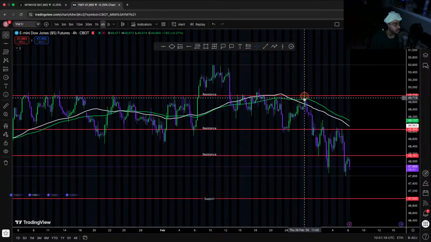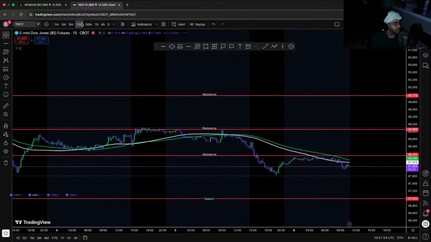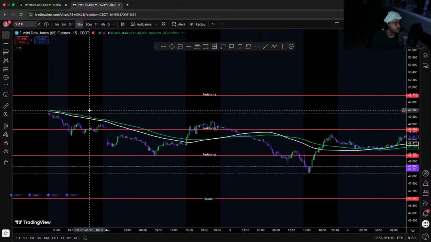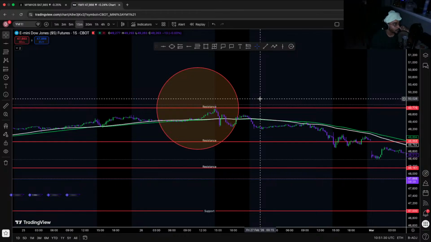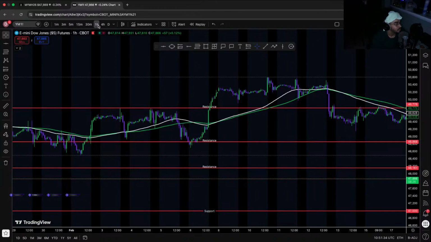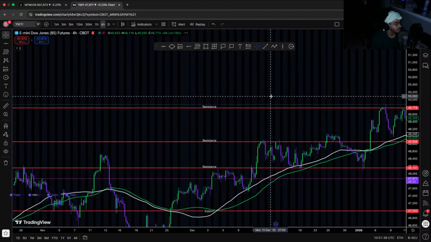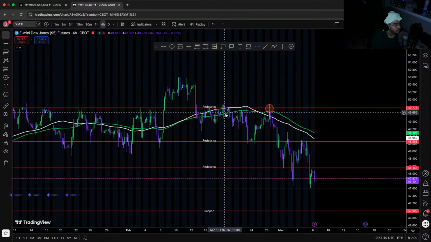When you see this exhaustion at our daily resistance, this is where you want to drop down to lower time frames to see what's going on. And your bias should be sell, you know? Because there was impulse down. This is on the 4 hour, so with all this selling volume, sellers are in control.